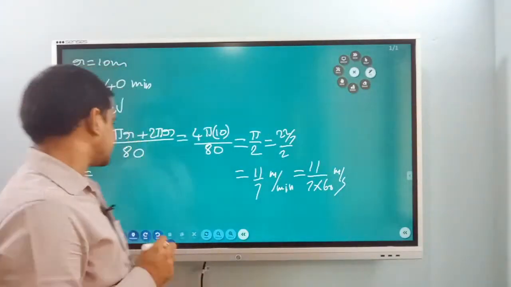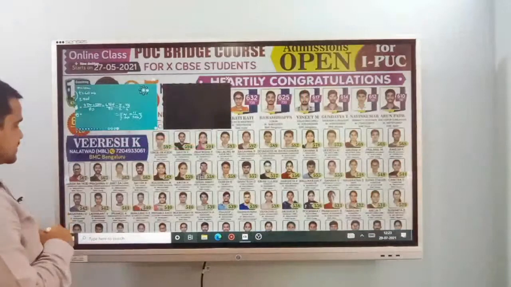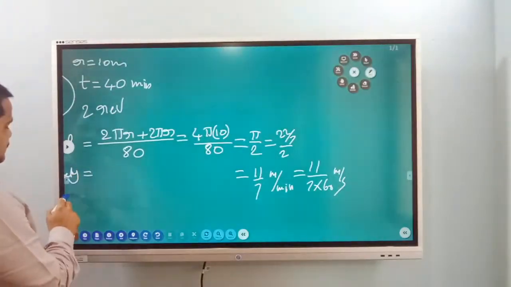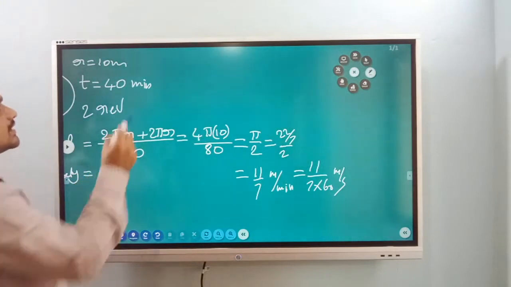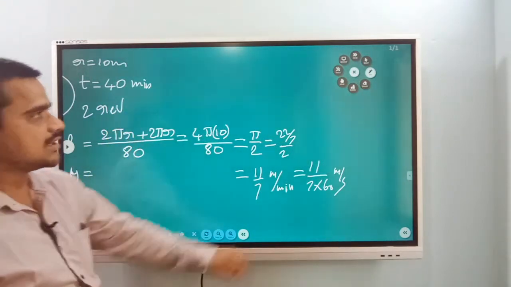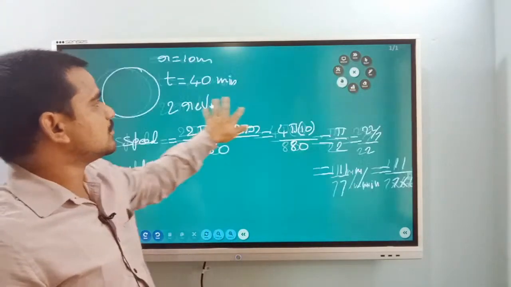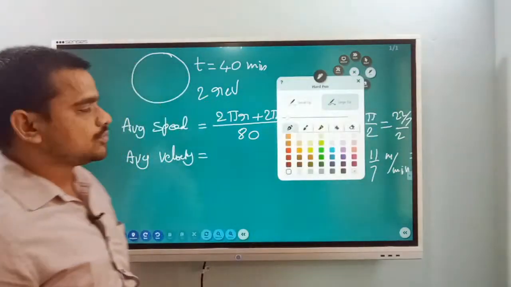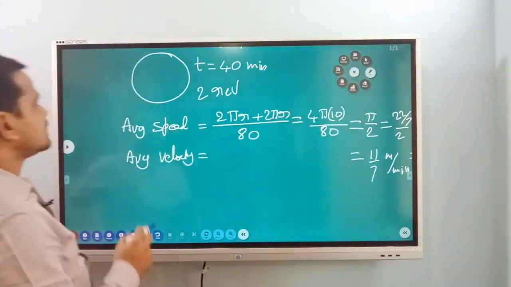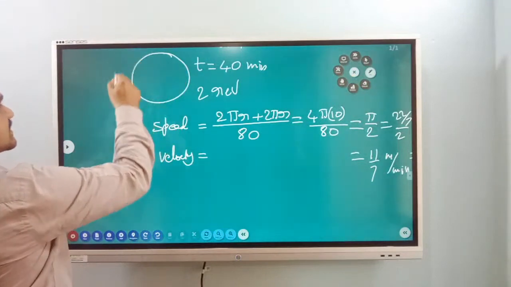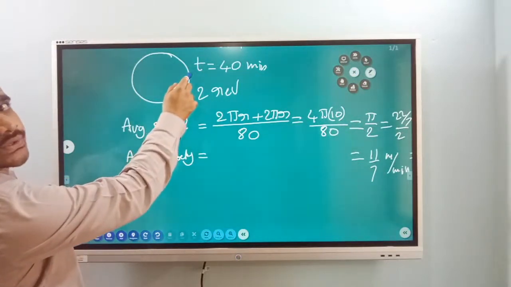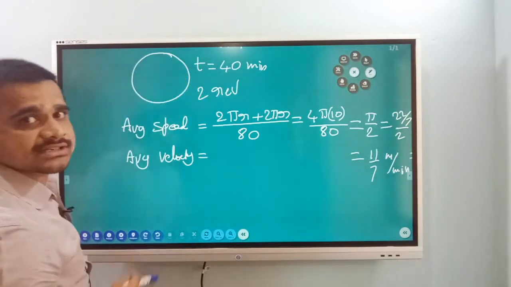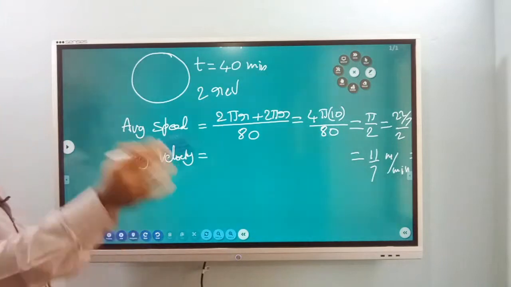Now coming to the average velocity, which I have to calculate here. Average velocity means total displacement by total time. What is the displacement when he completed the two revolutions? He started from here and reached this point again. The displacement is 0.